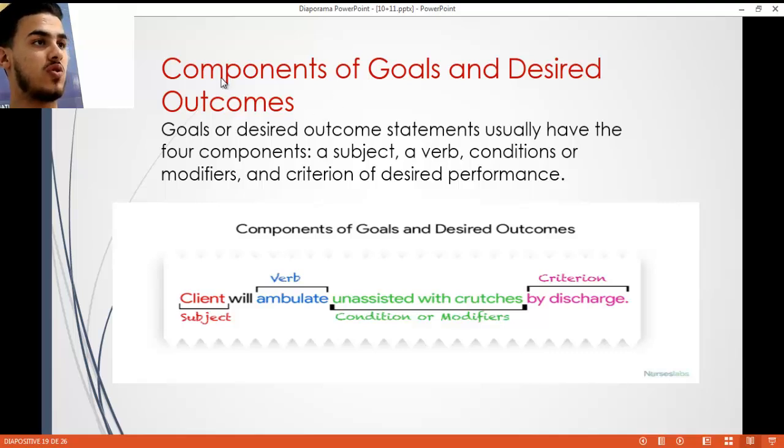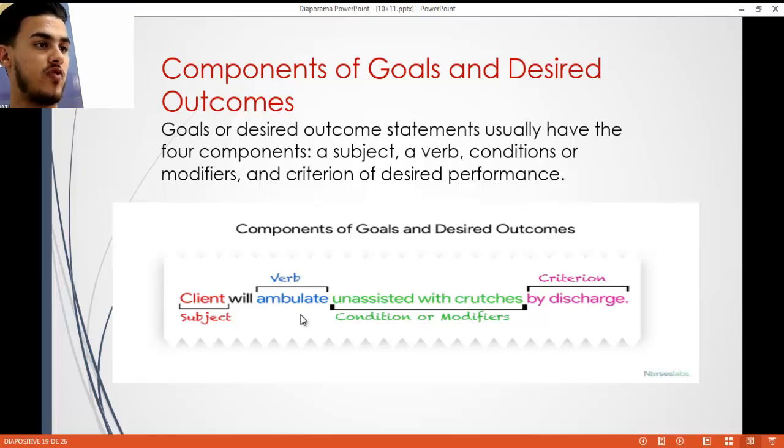We will also see the components of goals and desired outcomes. A goal or desired outcome statement usually has four components, as we have studied before: a subject and a verb, condition or modifiers, and finally a criterion of desired performance. Here we have an example: a client will ambulate unassisted with crutches by discharge. The subject is obviously the client.